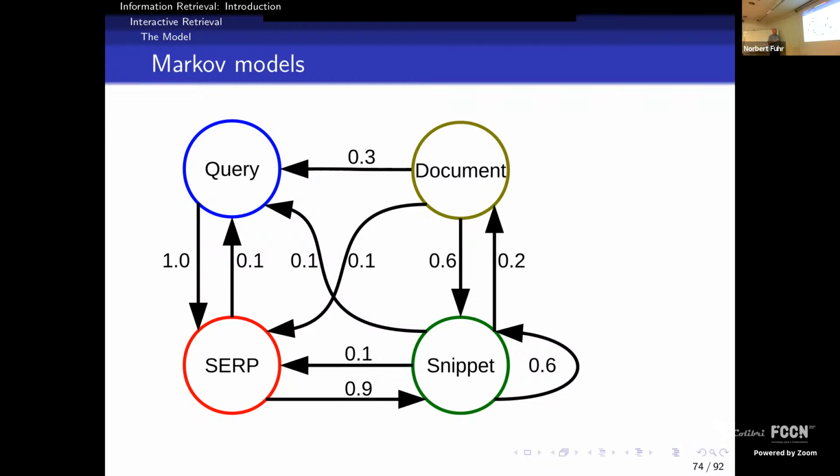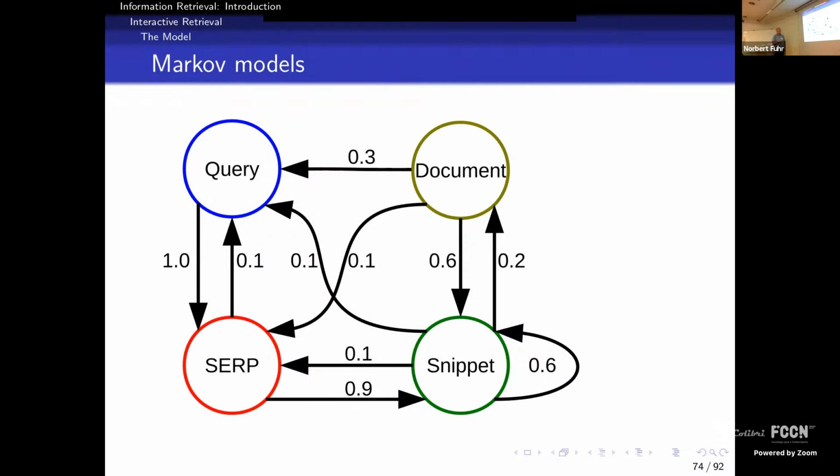For example, here the user might formulate a query, that's one state, and then with probability 1.0 goes to the search result page, and then with probability 0.9 looks at the first snippet, and from the snippet a user might go on to the next snippet, or click on it and then go to the document, or go back to the result page, or formulate a new query.